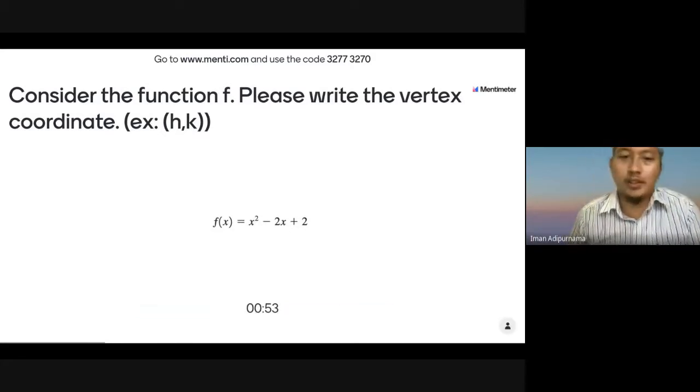Okay, please write the coordinate for the vertex. So you need to at least make some calculations, or you can just use the last equation that I gave you.